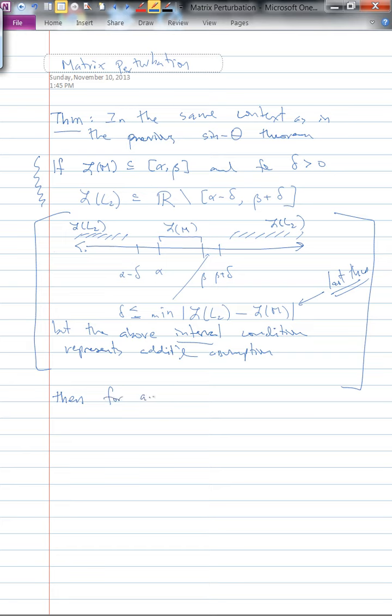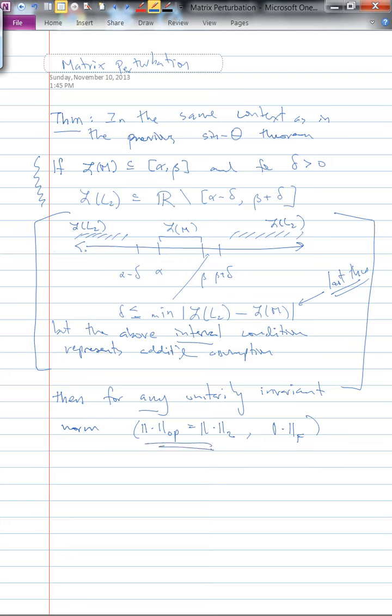Then, for any unitarily invariant norm, so for example, the operator norm, which I guess in the past I've denoted like that, or the Frobenius norm, but it was the operator norm that was our main motivation.